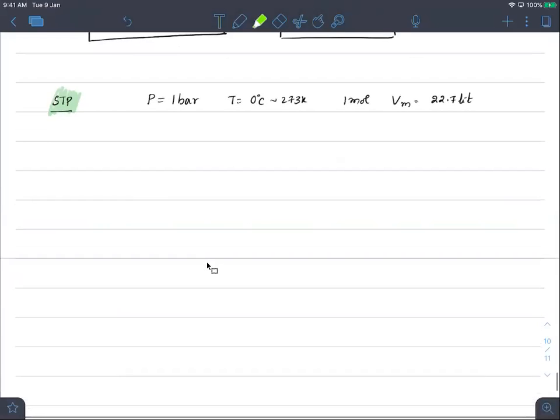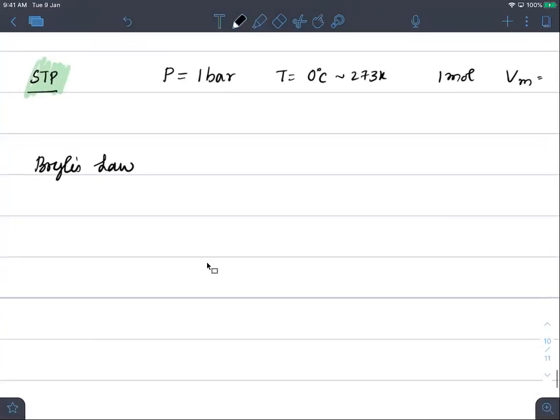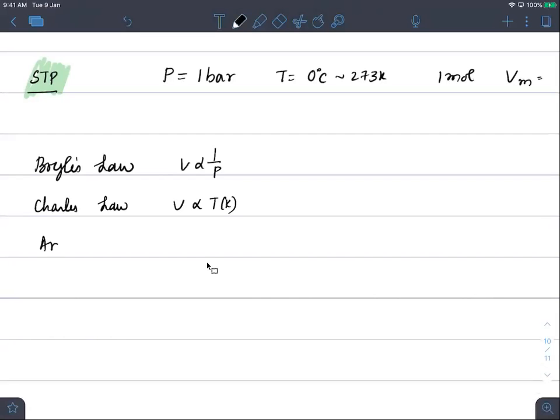Now, combining all of these gas laws, see what's happening. From Boyle's law, we learned that volume is inversely proportional to pressure. From Charles' law, we have learned that volume is directly proportional to temperature in Kelvin scale. And from Avogadro's law, we have learned that volume is directly proportional to number of moles. Imagine if all of them are changing.